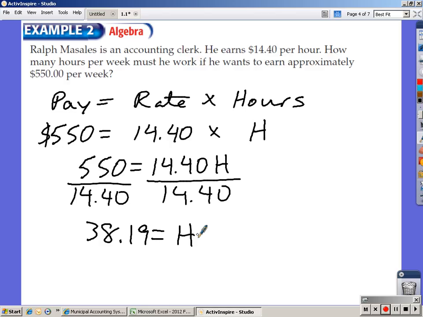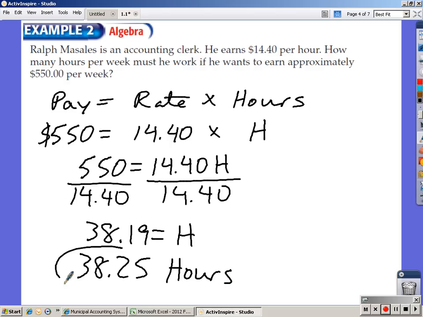So he has to work 38.25 hours in order to make approximately $550. Round it to the quarter of the hour that is closest to the amount of money that we're looking for.